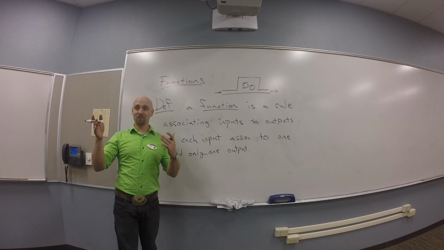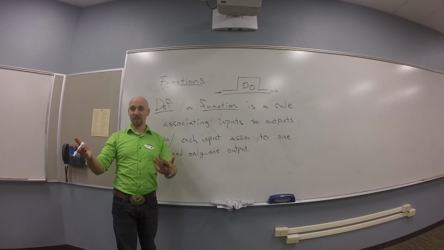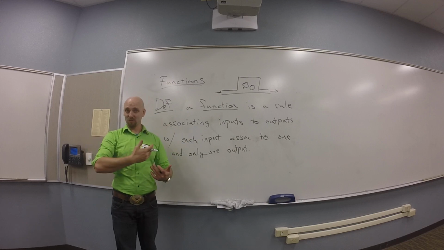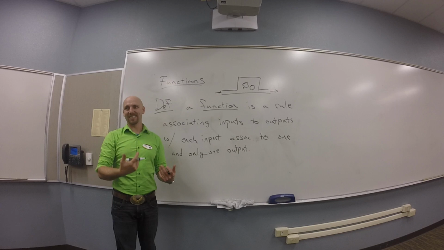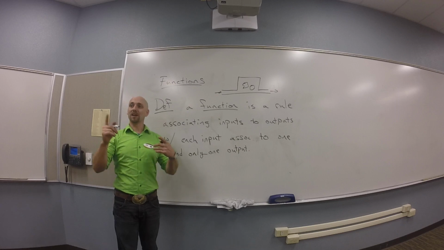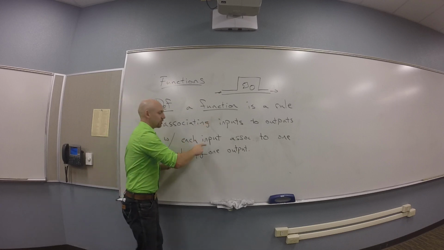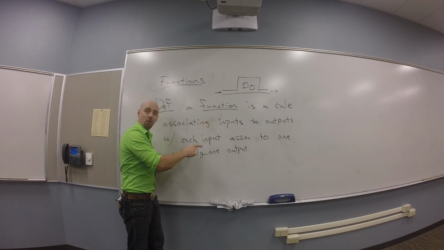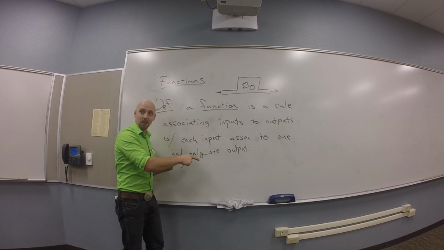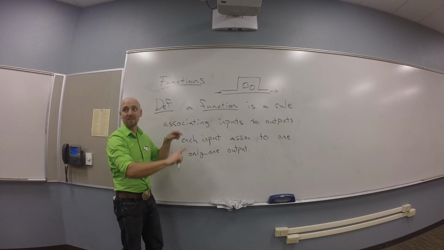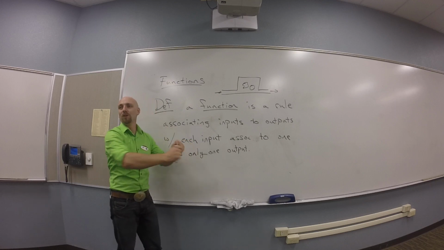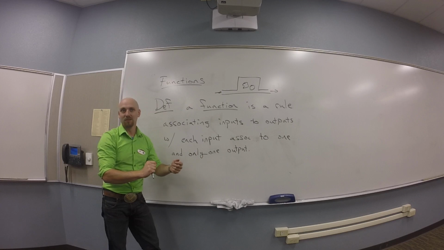That would be something called function inversion. We could back out of this rule, and that's not necessarily the case. Even though each input is associated to one and only one output, that doesn't necessarily mean that there aren't two inputs with the same output. And then I wouldn't know how to back out of it. Right. That makes sense. You guys see that?